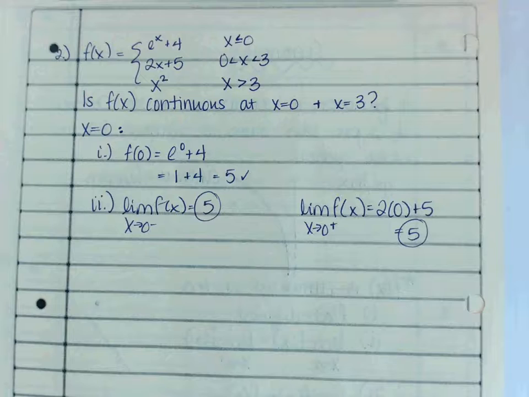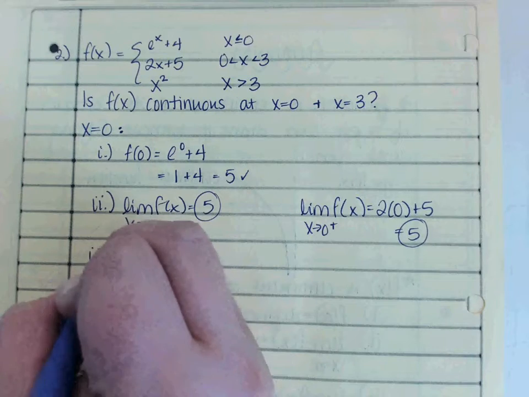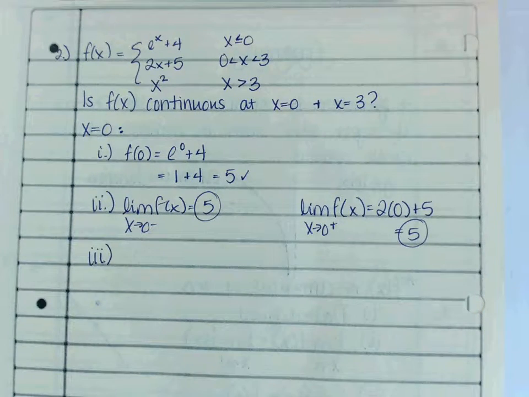So if my left and right limits match, I go on to condition 3. Your y value and your limit have to match each other. My y value was 5, my limit was 5, so do they match each other?